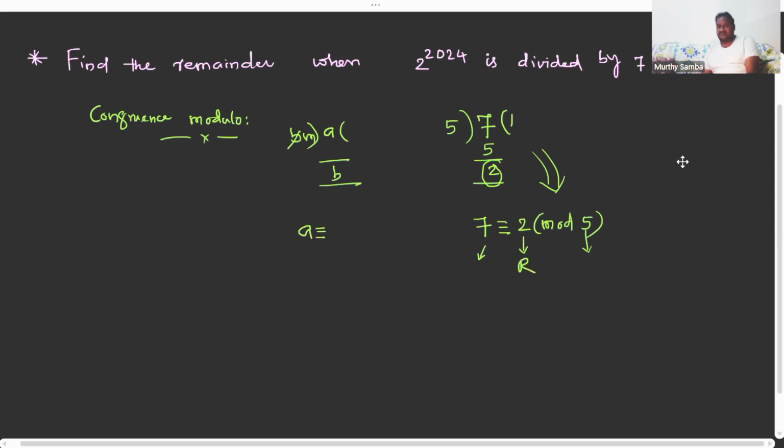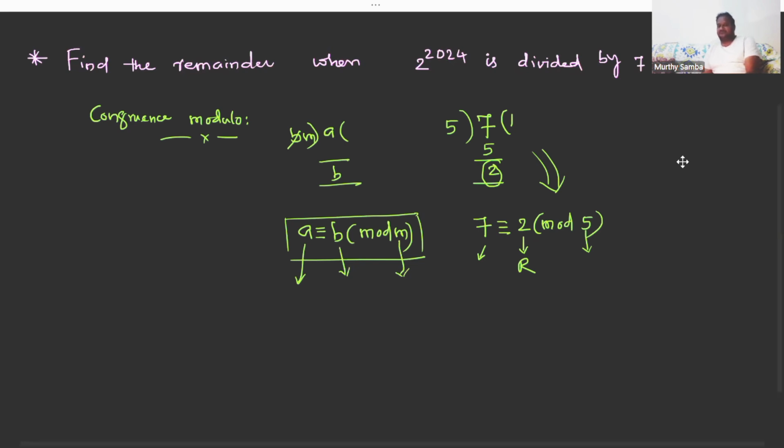This is the remainder's place, right? So the remainder is B. So B modulo, what is the divisor? The divisor is M. So A is congruent to B modulo M, where A is the dividend, B is the remainder and M is the divisor, right?